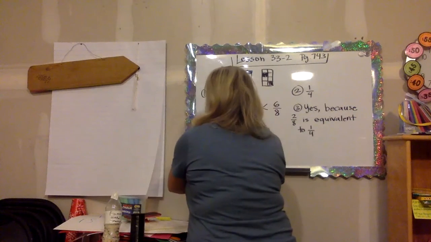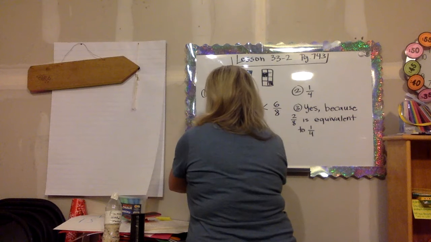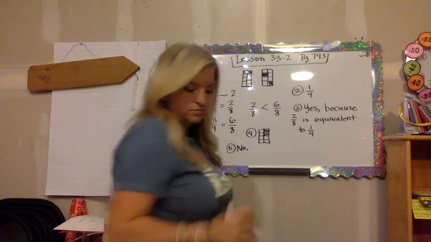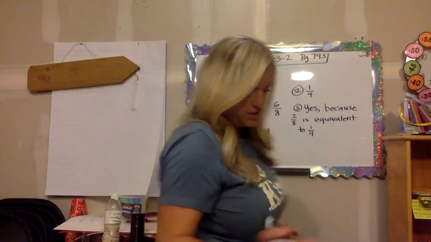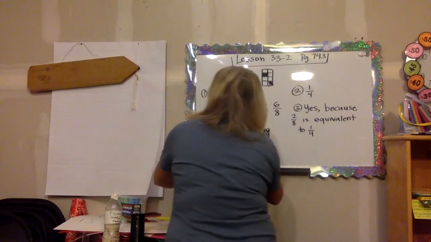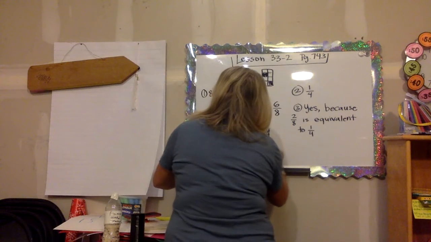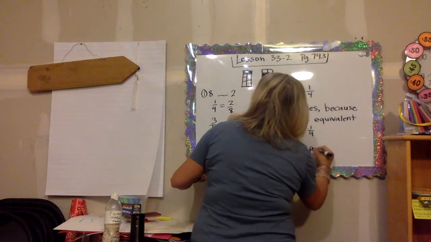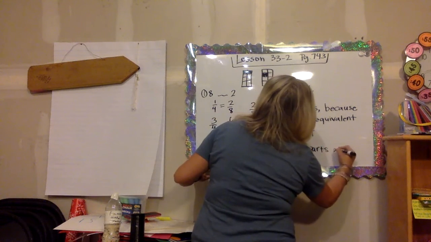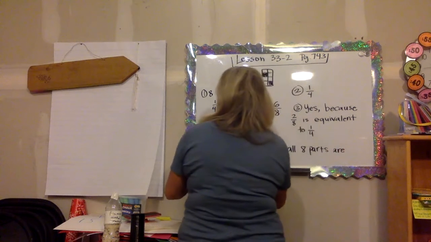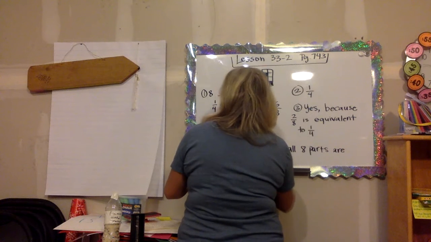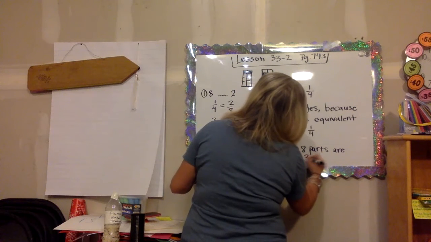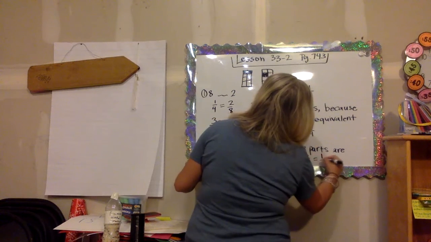So number 5 is no, because all the 8 parts are equal. He colors 2, which is equal to 2/8, which is equal to 1/4.